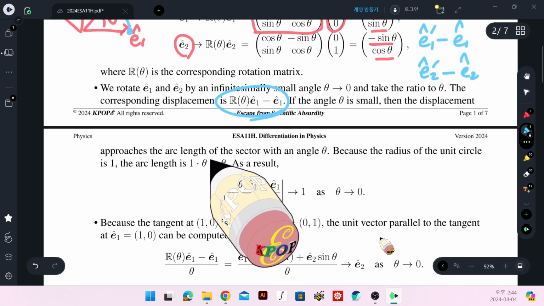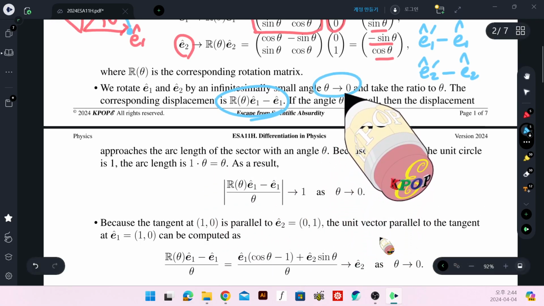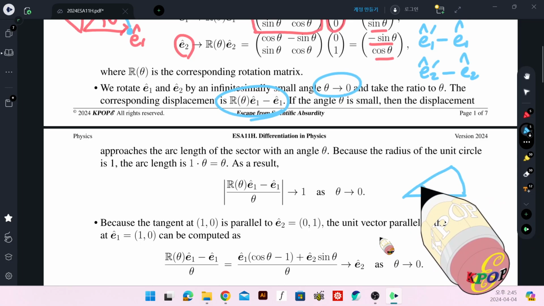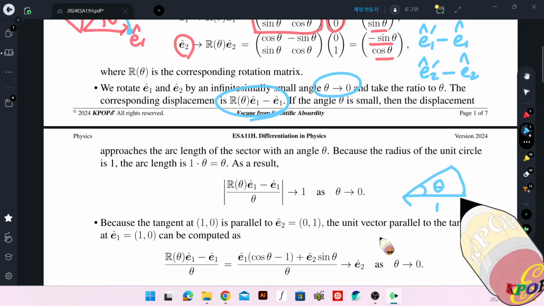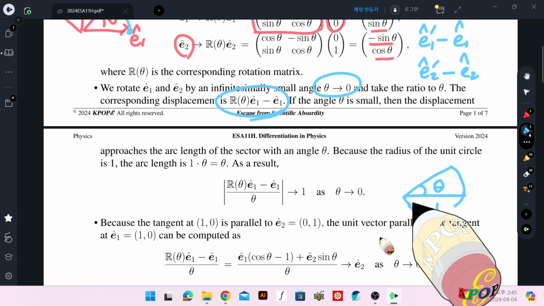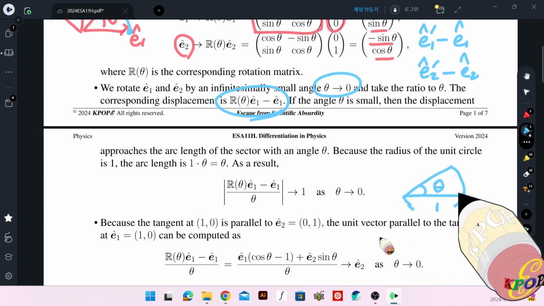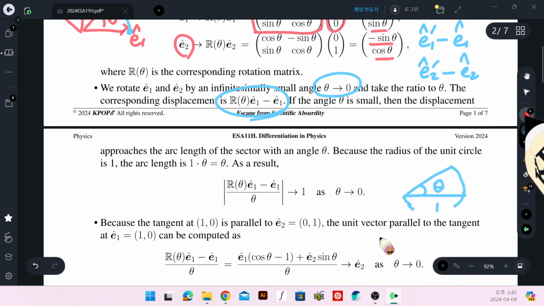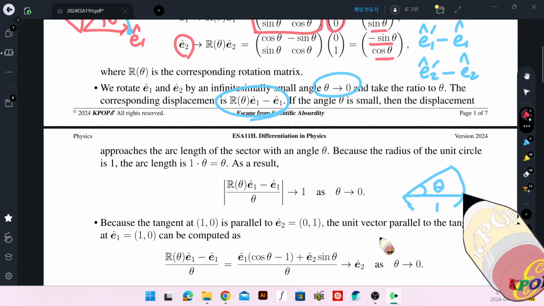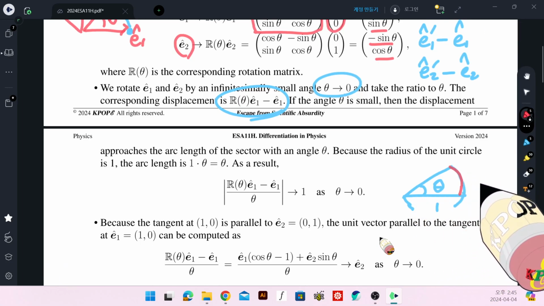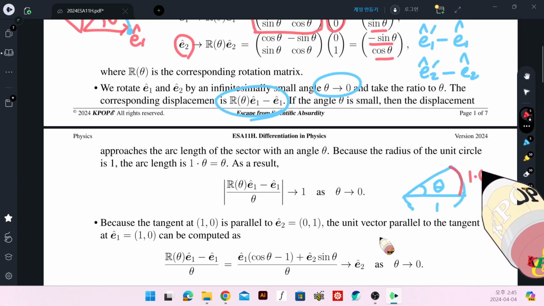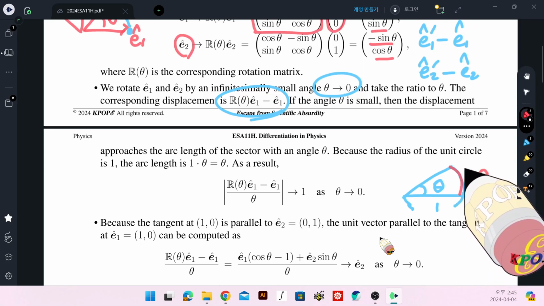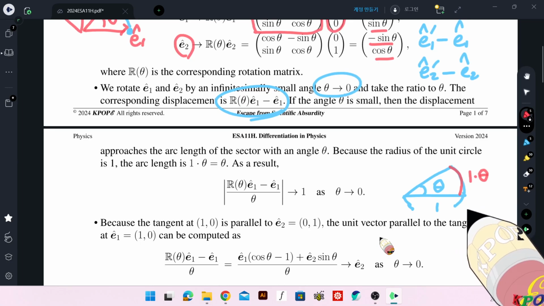In the limit as theta goes to 0, we know this is a sector of angle theta and radius 1, that is, a unit circle. As the angle theta becomes smaller and smaller, this arc length is 1 times theta, and this arc length is almost identical to the tangent.